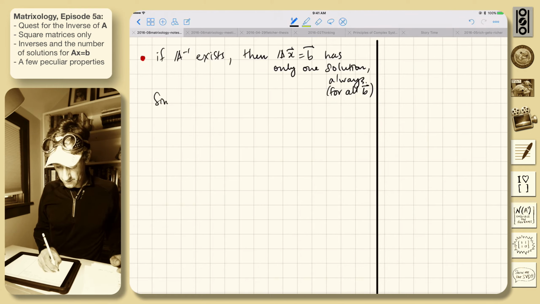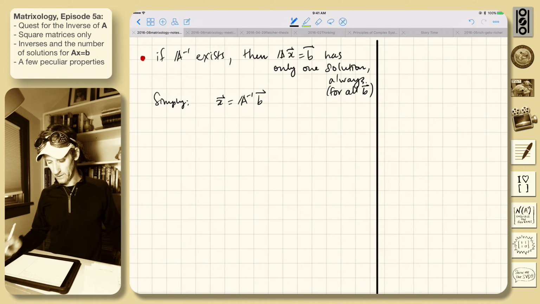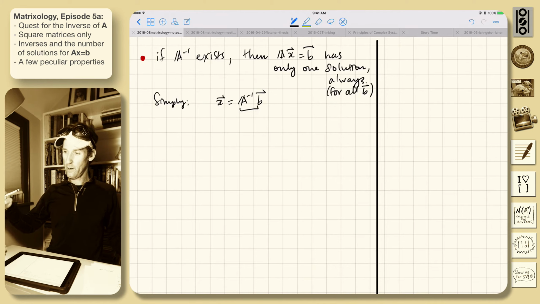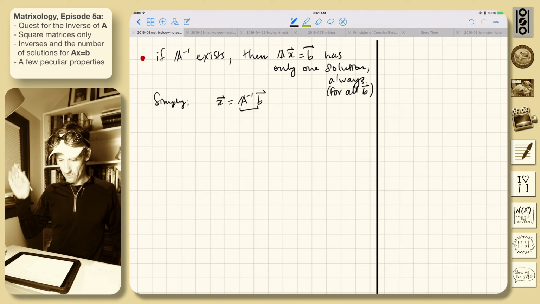Simply, we do what we did before: x equals A to the minus 1 times b. So you put a b in, you get a unique solution x. Boom, it's a little factory. Put a b in, it's like a sausage machine, and it makes an x. There's one solution. All right, so that's interesting.